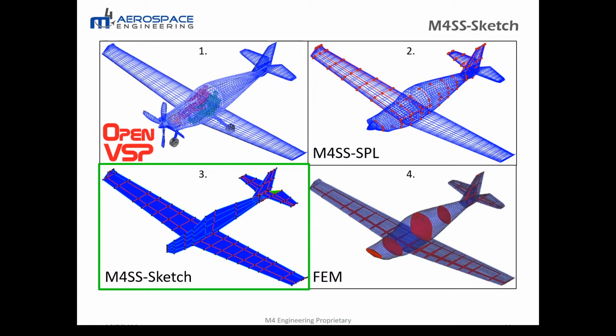Third, we transition to M4SS Sketch, where cards are used to define all that model information, such as property regions or aerodynamic panels. Sketch will be the primary focus of this talk now. And then finally, Structure Studio takes all the information defined in M4SS Sketch and uses it to automatically generate a Nastran-ready finite element model.